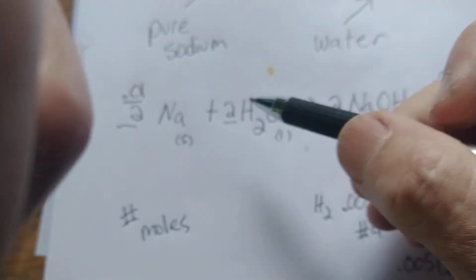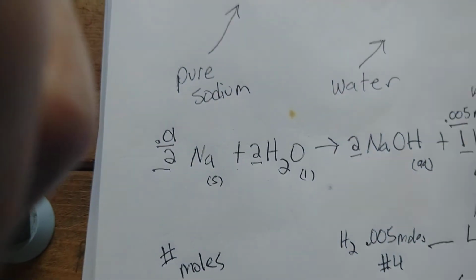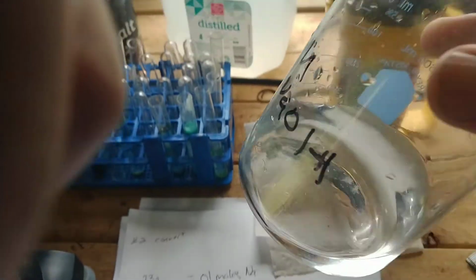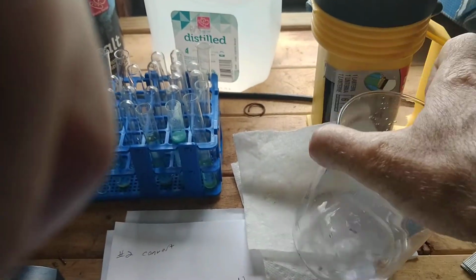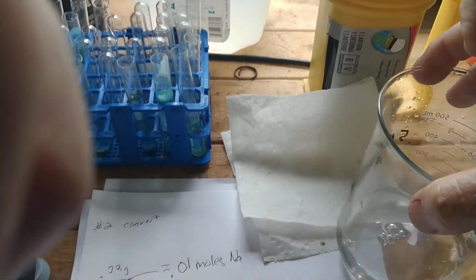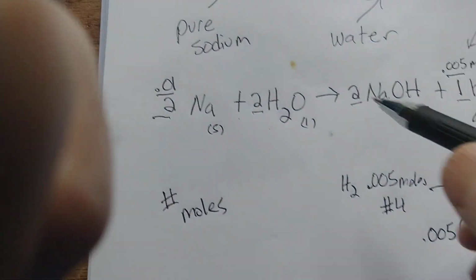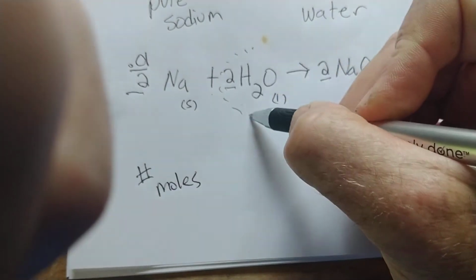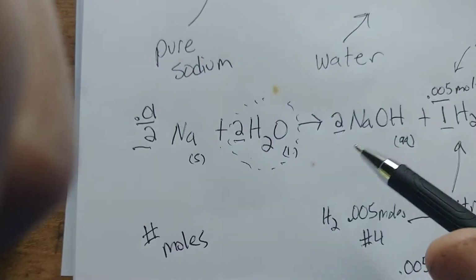So we can actually do this. We can take 0.22 grams of sodium, and notice I haven't mentioned the water. That's because I have plenty of water. I've got an unlimited amount of water. So this is not even important. I have so much water that it doesn't matter.